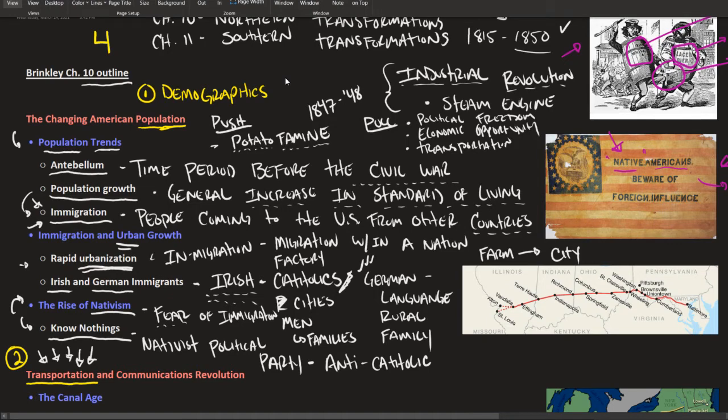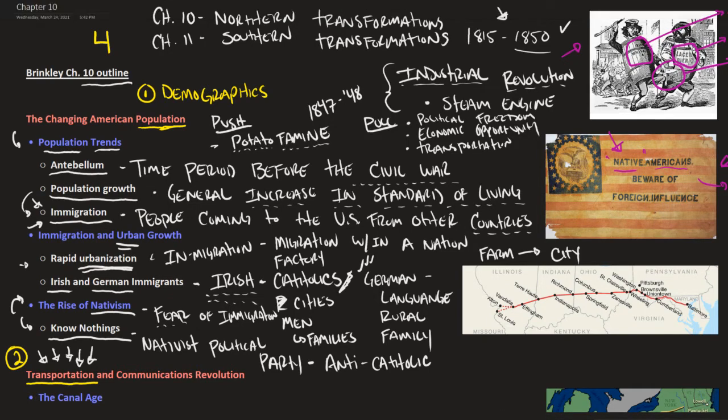So again, to summarize, when it comes to immigration, the points we want to make here. One is that population grew tremendously in the North between 1815 and 1850. This population was different in terms of demographics, with a lot more Catholics moving into cities and German speaking people moving to rural areas.